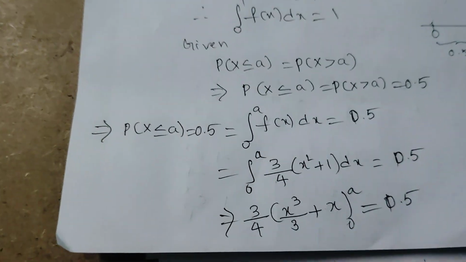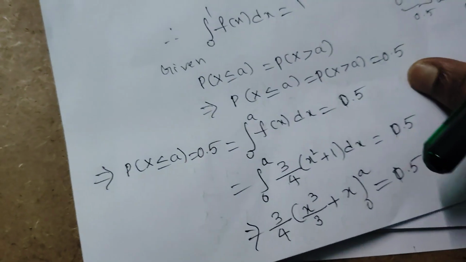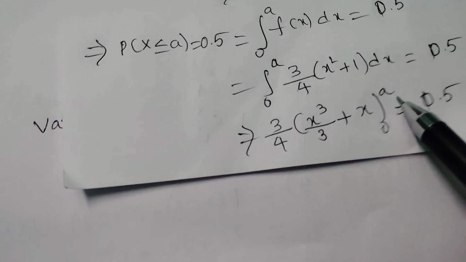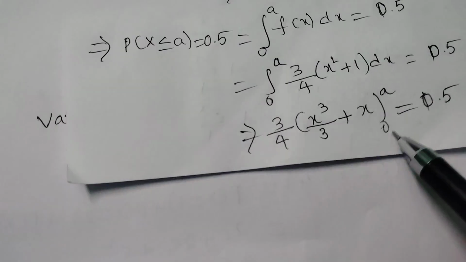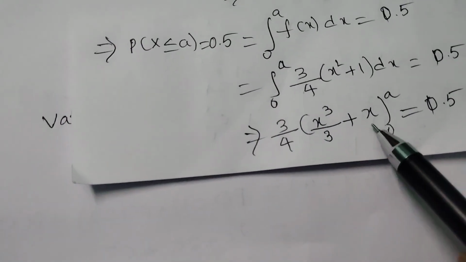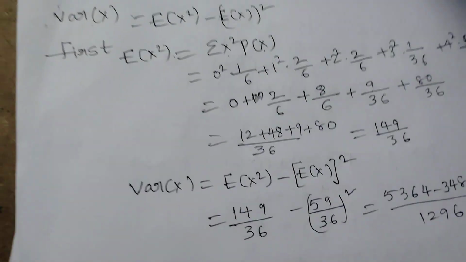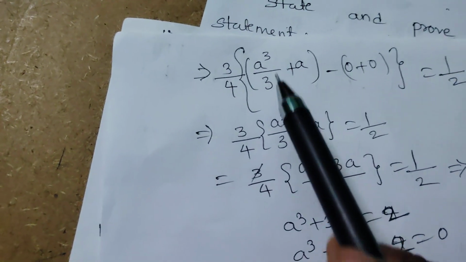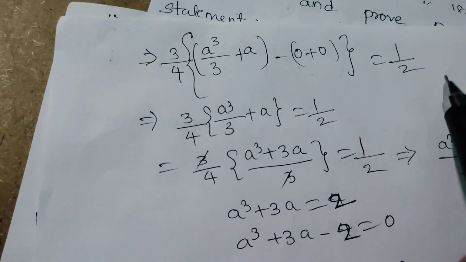Okay, now next what we need to find? Substitute the limits. Upper limit is a, so if I substitute a here, a cube by 3 plus a, minus the lower limit 0 cube by 3 plus 0. So we get 3 by 4 into a cube by 3 plus a minus 0 equal to 0.5.